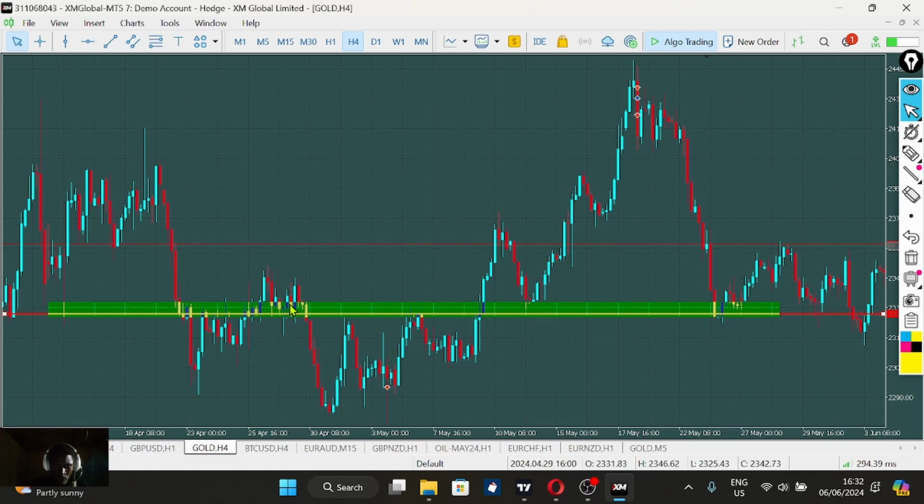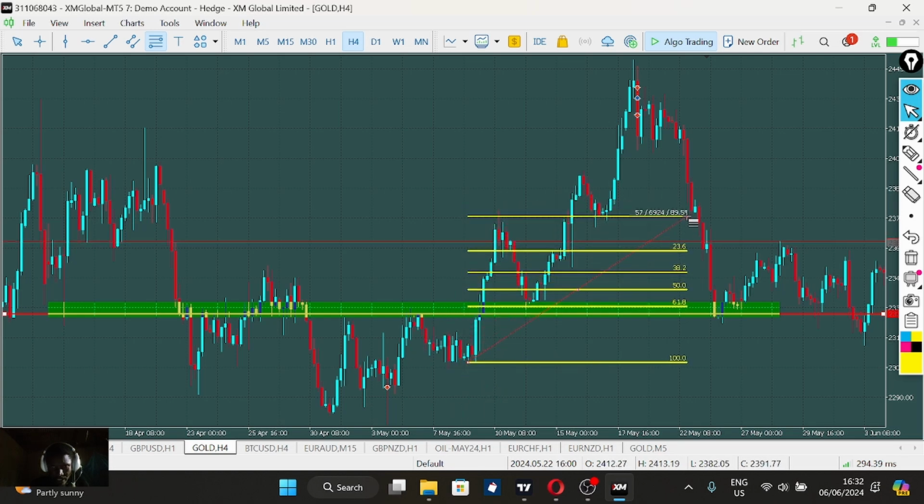Now, because this zone has been tested a couple of times, let's say the market probably is here and the market is going down. Now we take our parabolic tool and place it here.